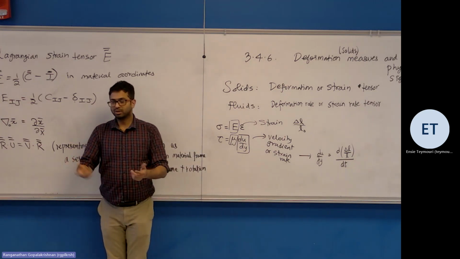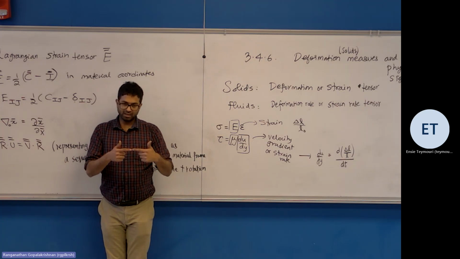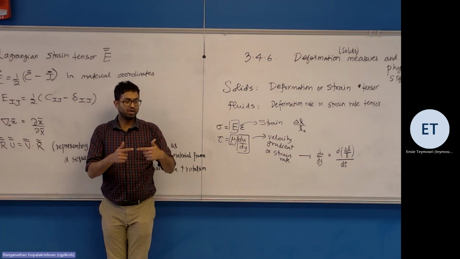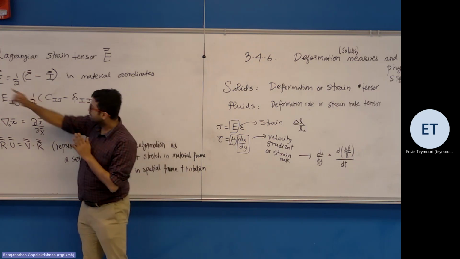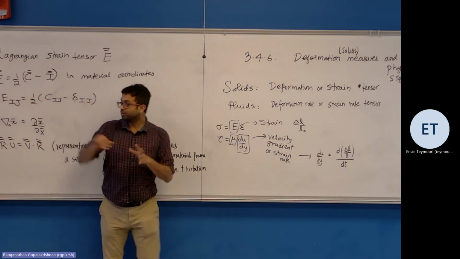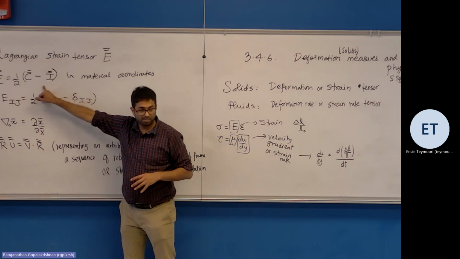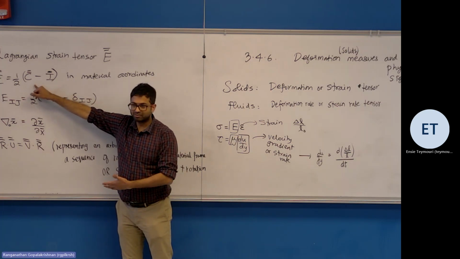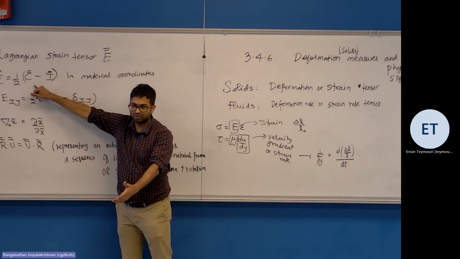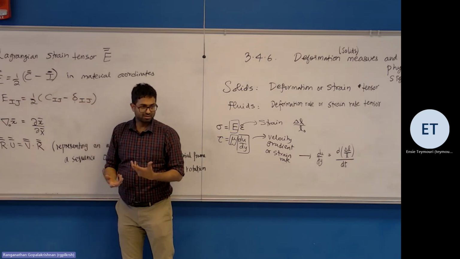What is 3,2? It's the change in length along direction 3 due to loading in direction 2. You should be able to look at this and first interpret this before you do this right hand side math. What is C? F transpose times F. You know how to compute it now. You have to now understand what it means.